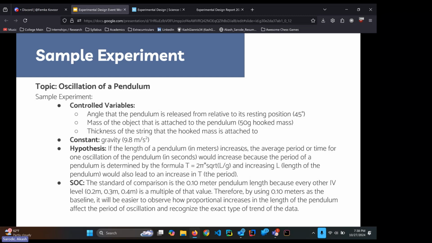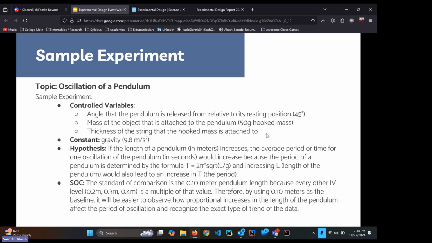So that is a decent controlled variable to come up with, even though it doesn't have a significant impact on the period of the pendulum itself. And then another controlled variable I came up with was the thickness of the string that the hook mass is attached to. This is probably the weakest controlled variable out of these three, but I think it would have an impact on the period if you change the thickness of the string.